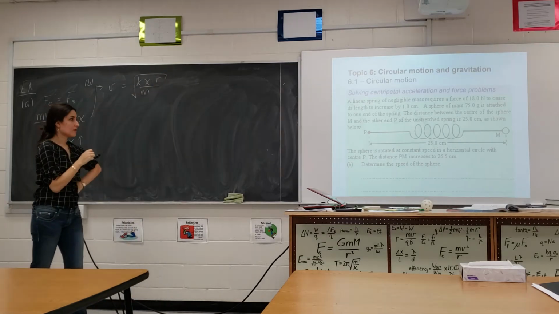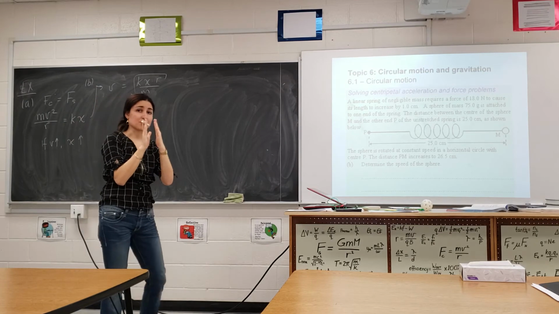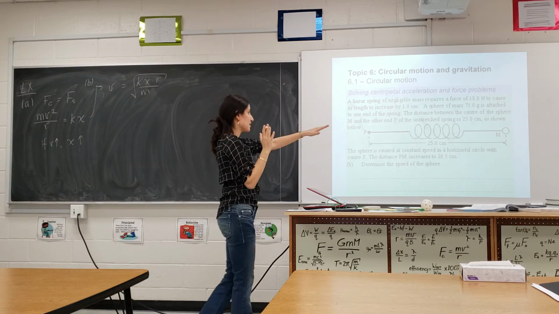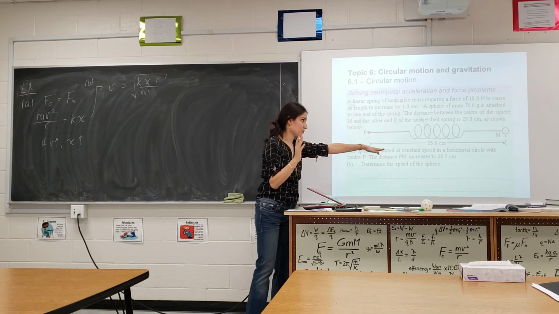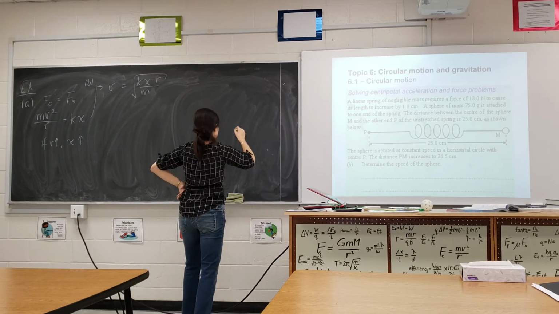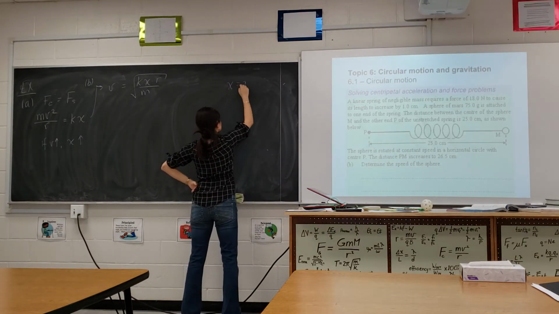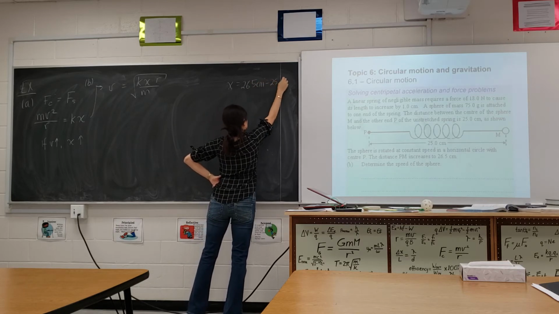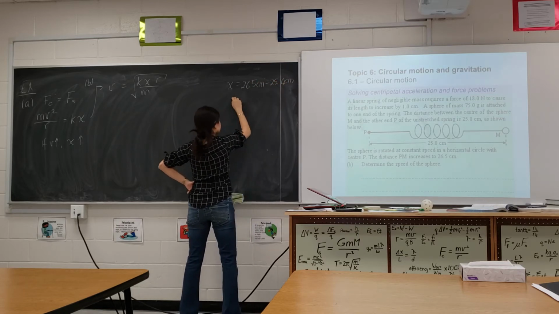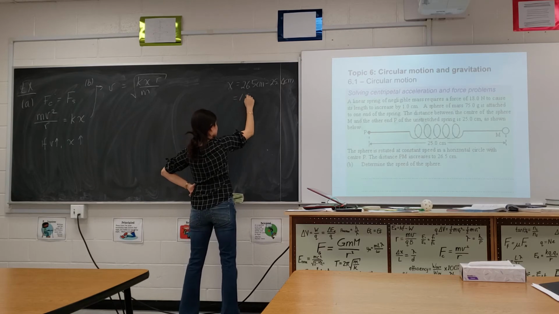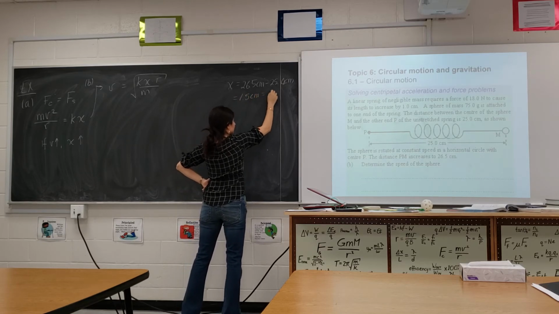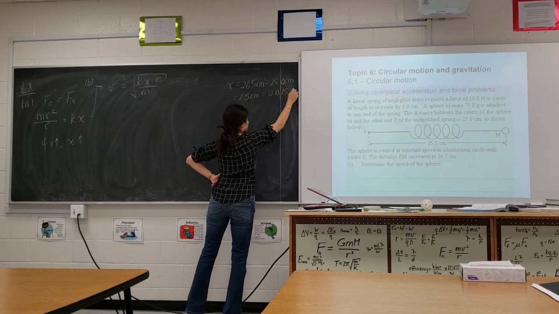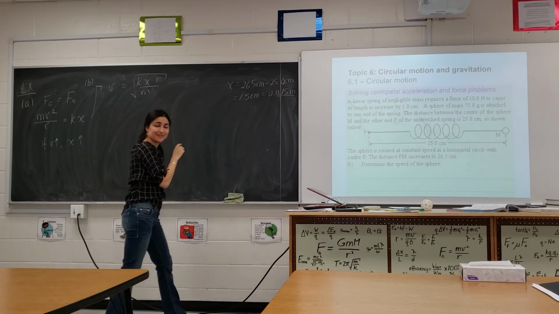All right, so x, I know that's the amount by which the spring stretched. It went from 25 centimeters to 26.5 centimeters. So that's 1.5 centimeters or 0.015 meters. So there's x.